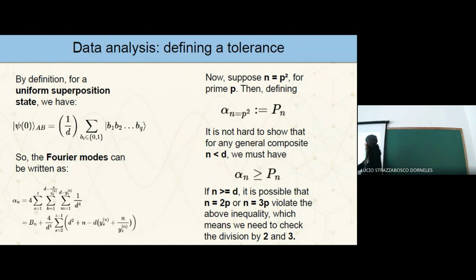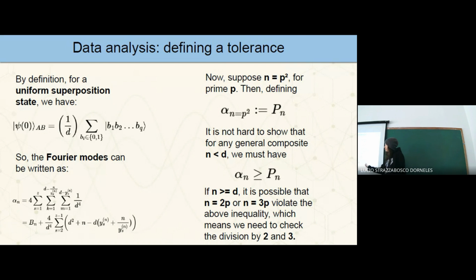I'm not going into details here, but when we do the direct calculations, we can show that for an integer n that is a prime number times itself, or a composite number, it is a bound. So we can always expect the results of our modes for composite numbers to be equal to this in general or bigger.